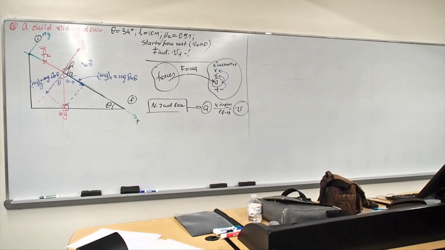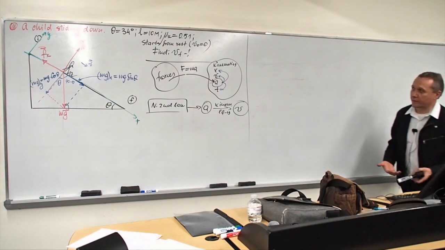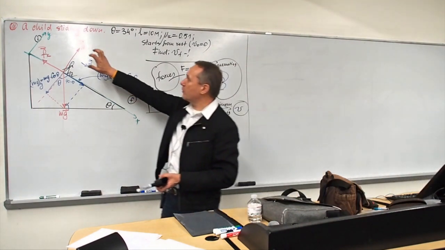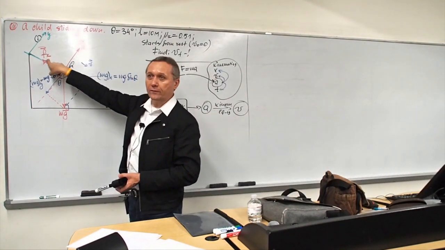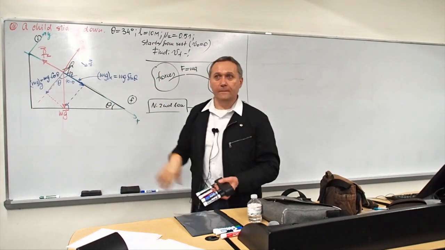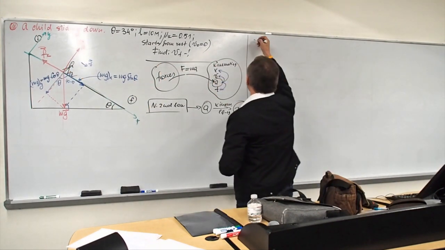We need to find the normal force in order to write down the expression for the friction force. Friction force is in the x direction, but the normal force is in the y direction. It's not a mistake, but of course it's better to start with the y direction. It will give us a normal force, and then you will be able to find the friction force, which you need for the x. So that's the logic.